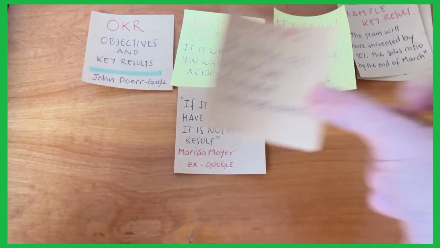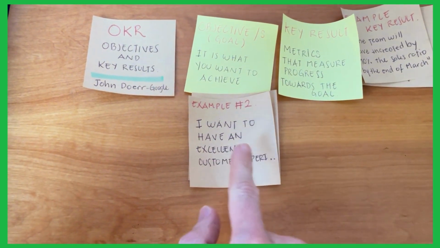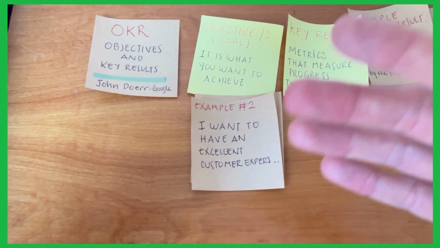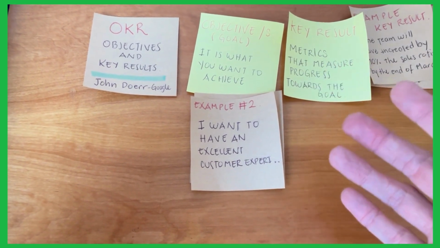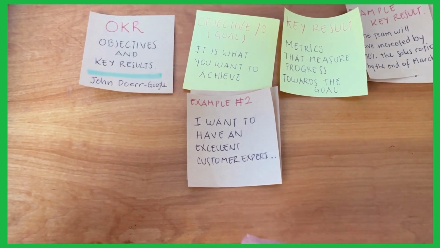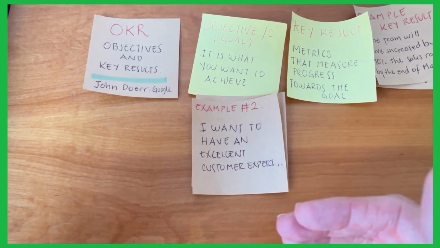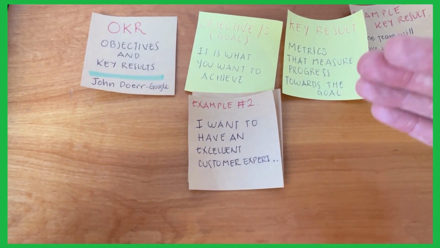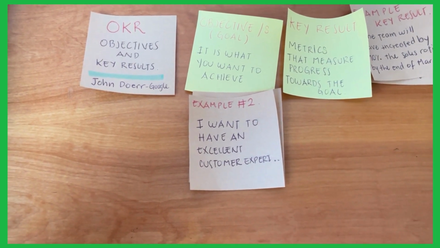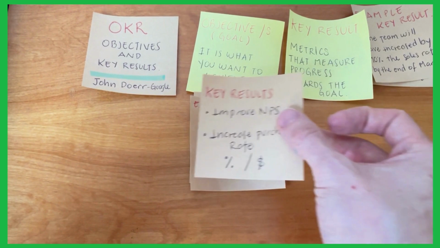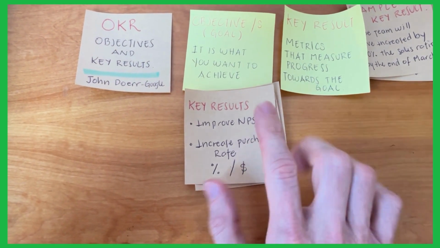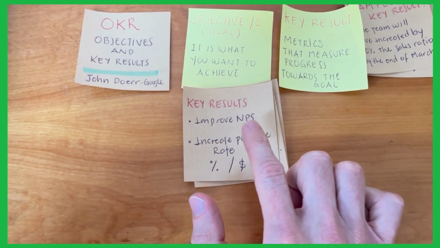Let me give you another quick example. I want to have an excellent customer experience. Let's say that you have a business, either a bakery, an e-commerce, a website, wherever, and you want to achieve a better or even excellent customer experience, which in the end will allow you to have more sales. A key result to measure this will be, for example, your net promoter score, which, as you may know, is a well-used concept.